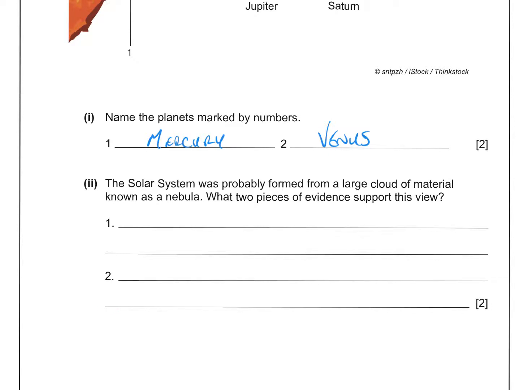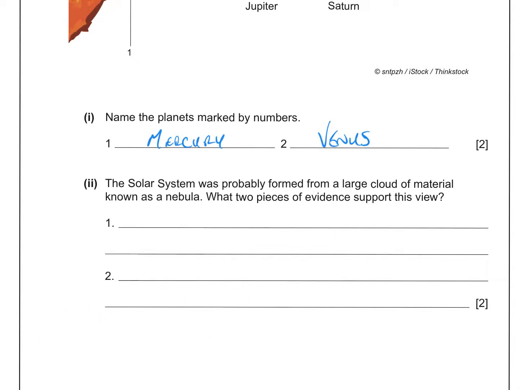So the fact that the planets all lie in a circular plane, in other words they're all in a flat space that they're orbiting. They don't orbit in different angles to each other. They all orbit in the exact same plane, and they're all heading round the same way. So ones close in are heading round the same way as planets further out.